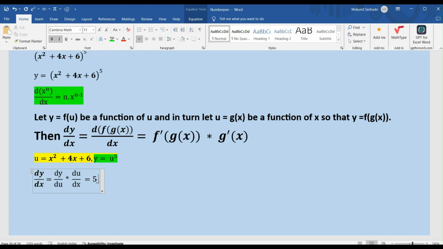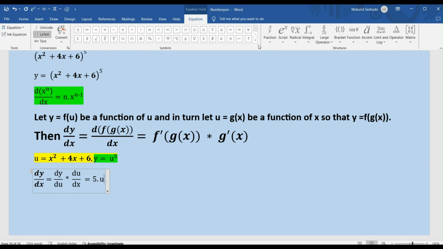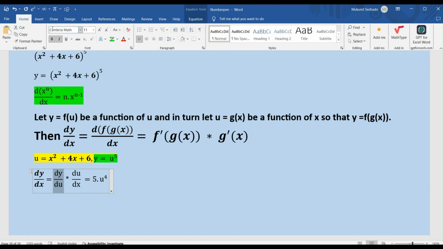I bring down my n, and then u to the power 5 becomes u to the power 4. So d by du of u to the power 5 equals 5 times u to the power 4. This is my part 1, which is my dy by du.